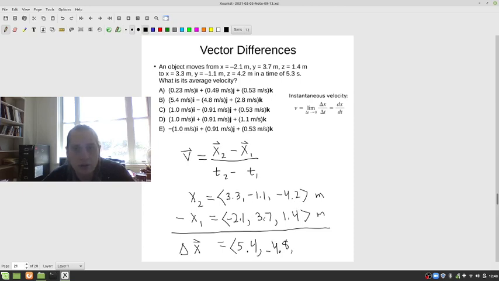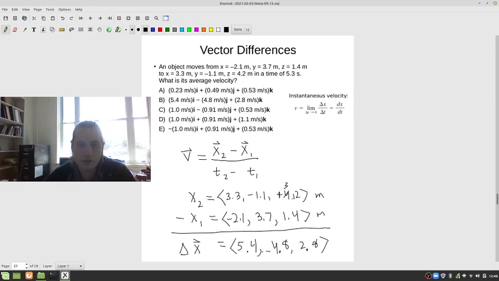Minus 2.1, 3.7, 1.4. Yep. 3.3 minus 1.1. This should be plus 4.2. There's the issue. Okay. So this one's going to be plus 4.2 minus 1.4. And there we go.